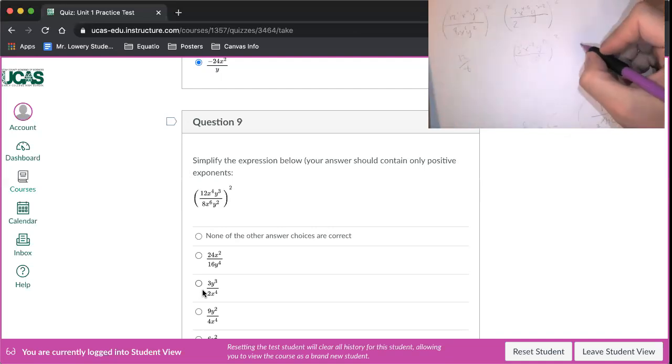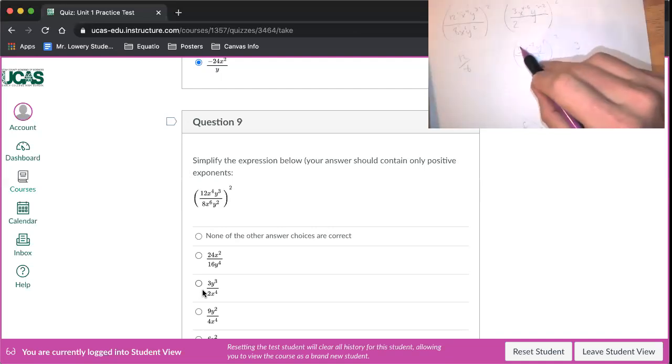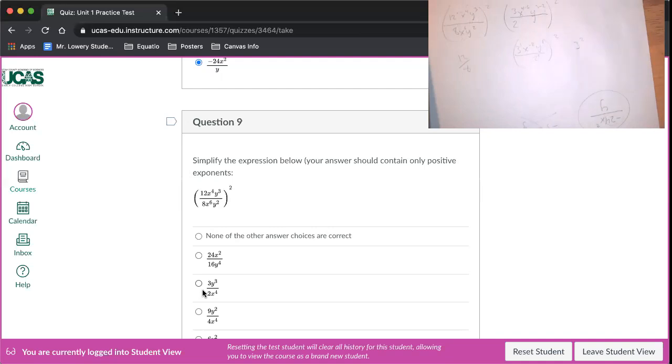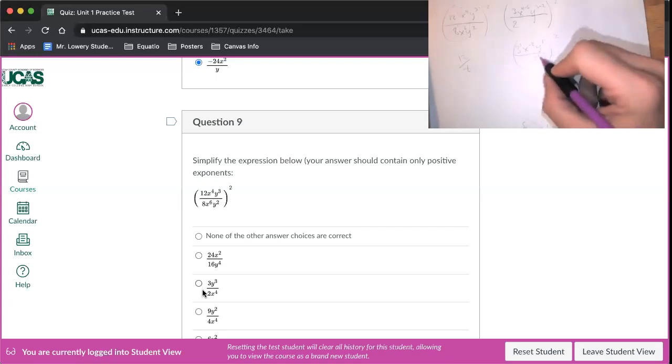That's not what we're after. We want 3 to the 1 times 2, so 3 squared, which is 9, not 6. Okay. Then we are going to have the x to the negative 4. Okay, we're going to have y to the 2 times 1, which is 2, and then we're going to have 2 to the 1 times 2.